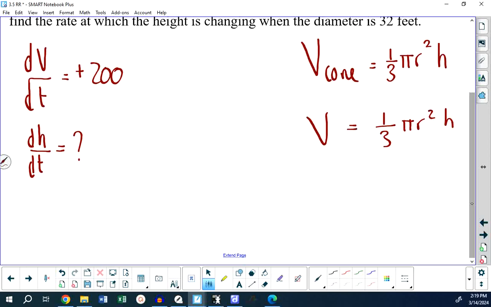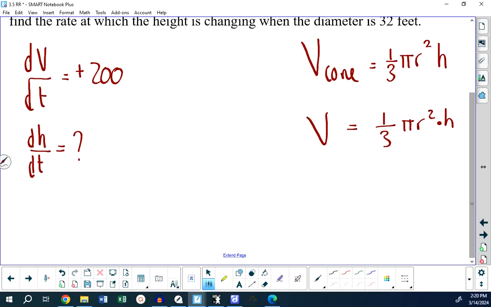Since dr/dt is not in the list of rates that I want to find or that I know, I want an equation that doesn't have r in it. That's the classical approach, which is to say, let's get rid of the r. Because if I differentiate right now using the product rule, I'm going to get a dr/dt somewhere, because the derivative of the first will be 2/3 pi r dr/dt. I don't know dr/dt.